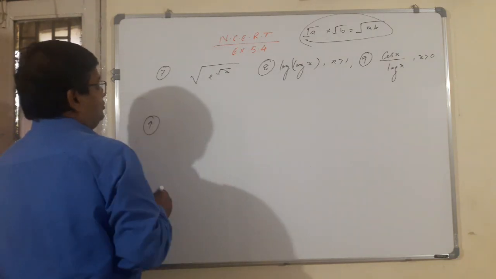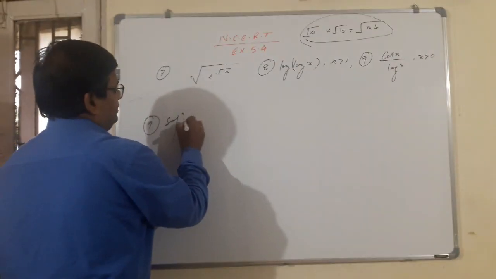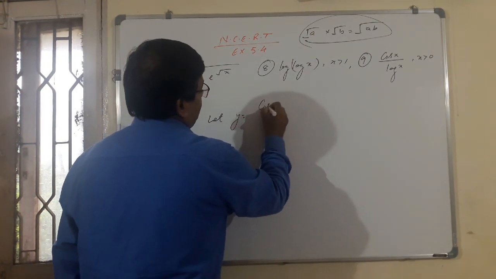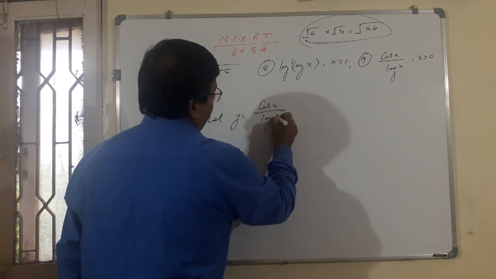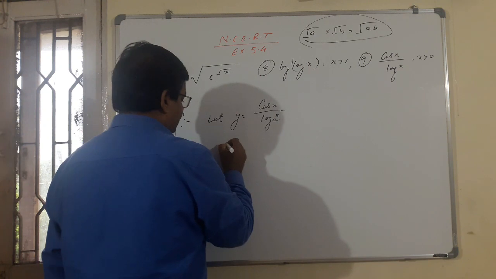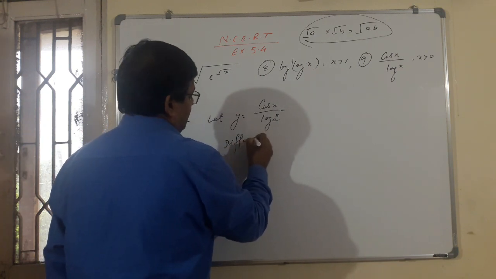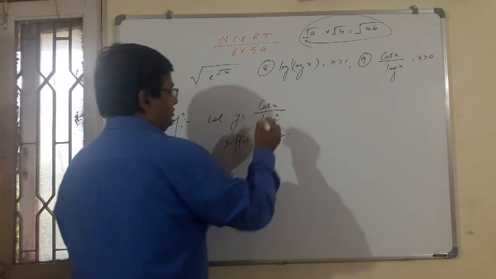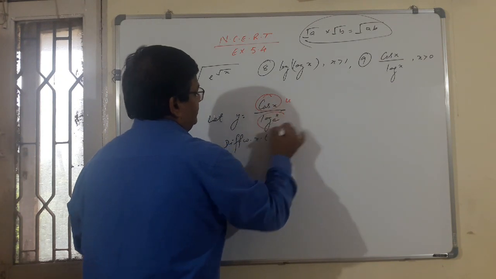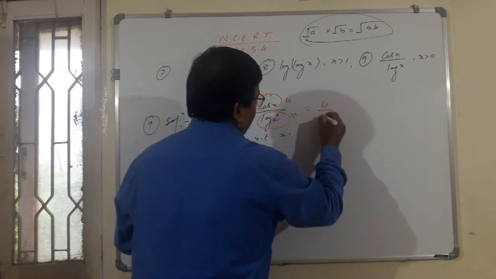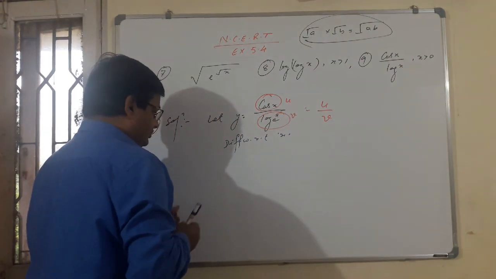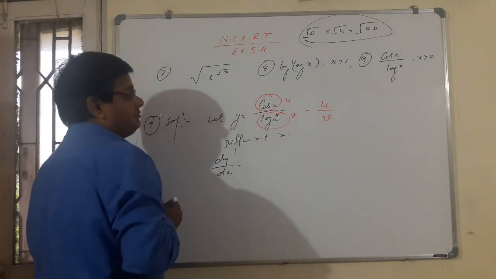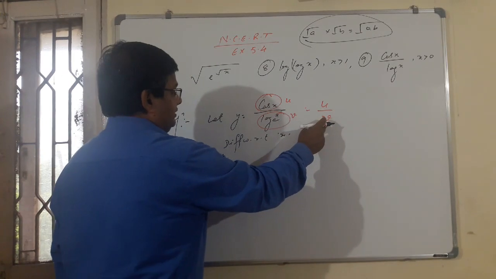Now I am going to solve number 9. You can use the u over v method. So let y is equal to cos x by log x, base e. Differentiating with respect to x, suppose this one is u and this one is v, so it becomes u over v. So dy by dx is equal to, now v constant. What is v?